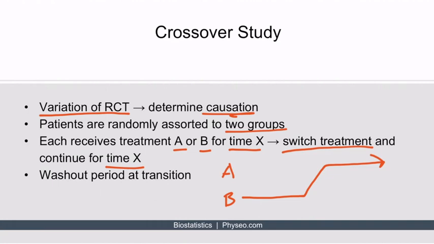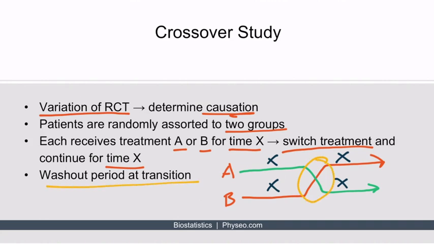People who were on B now get A. People who are on A now get B. And each get each drug for time X. What's important to recognize is that there's a washout period. A washout period allows the previous treatment, for example, treatment A, to clear from the body before they start on the next treatment, treatment B.